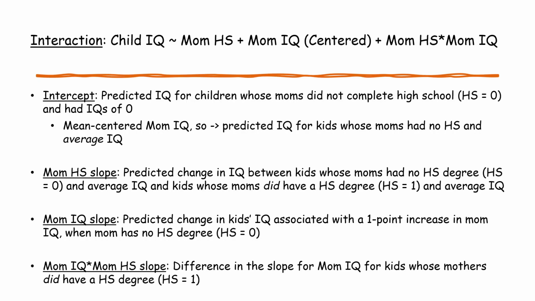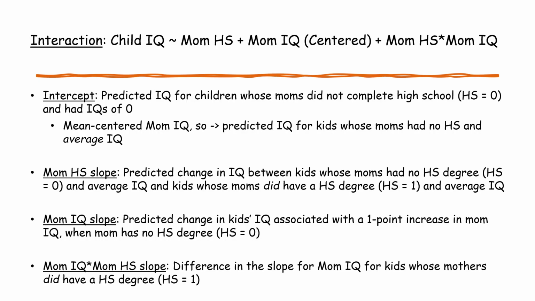So if we mean center our continuous predictors, then now mom's high school slope is the predicted change in IQ between kids whose moms had no high school degree and an average IQ and kids whose moms did have a high school degree and an average IQ. And again, that's because we mean-centered IQ so that when IQ is 0, it's average. Otherwise, this would be the predicted change in IQ between kids whose moms had no high school degree and 0 IQ and kids whose moms did have a high school degree and 0 IQ.